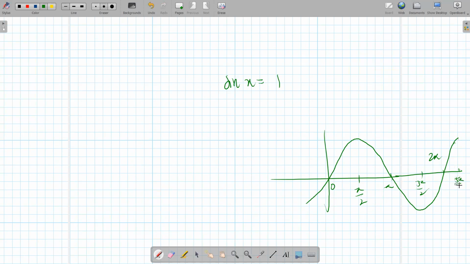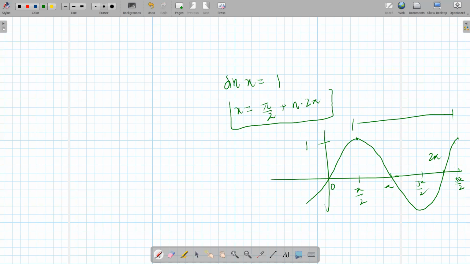So look at this. What's the period here? It's going to be every 2 pi, it's going to come back at 1. So the solution of this will be x equals pi over 2 plus n times 2 pi.